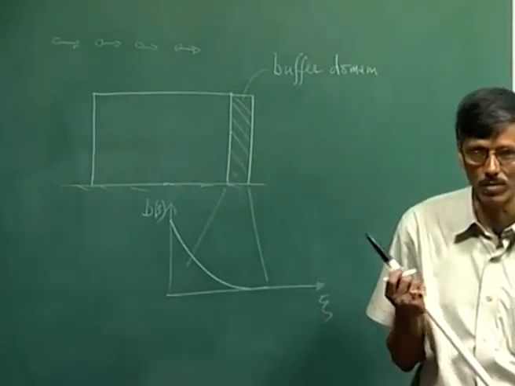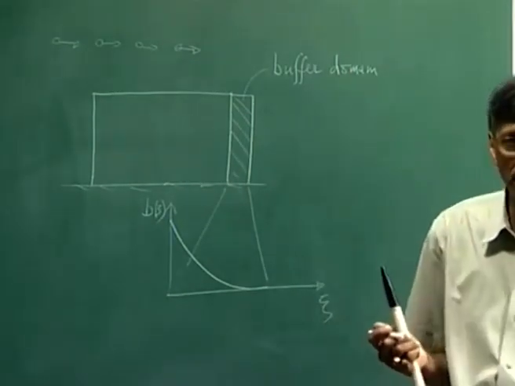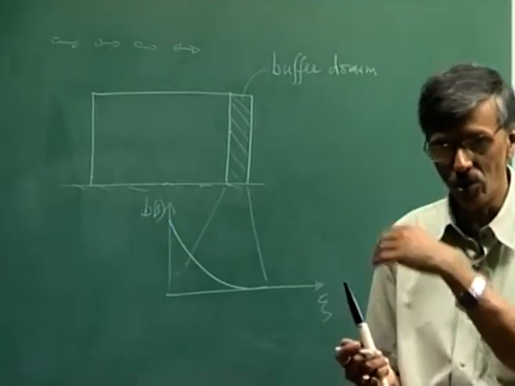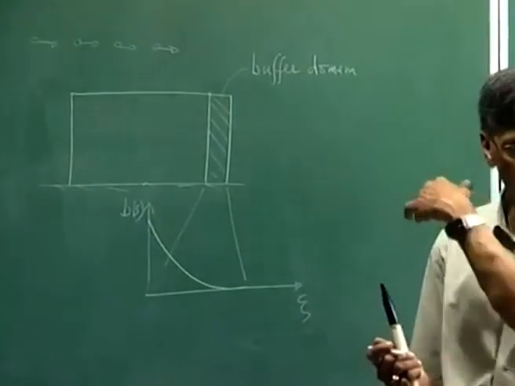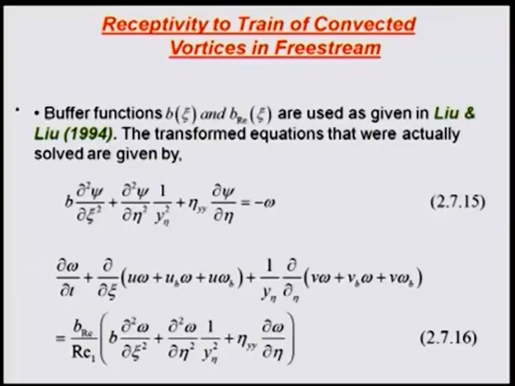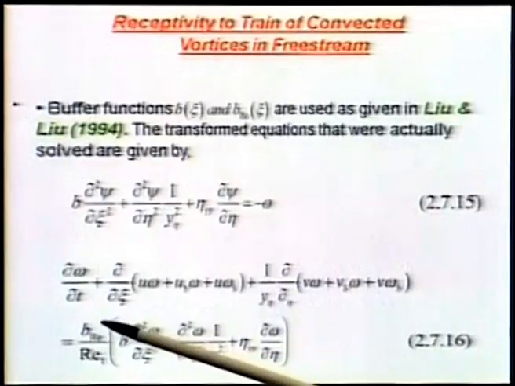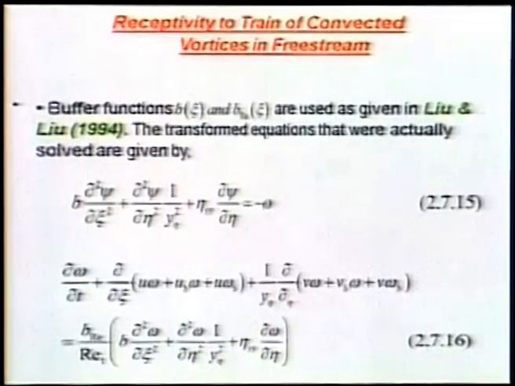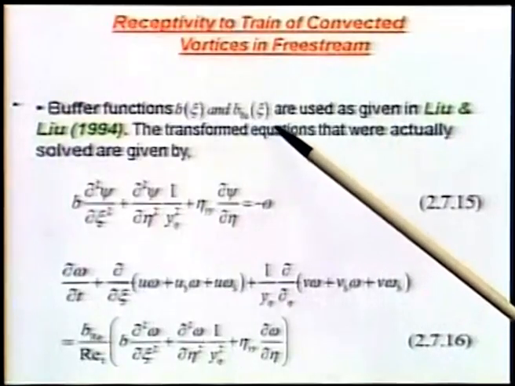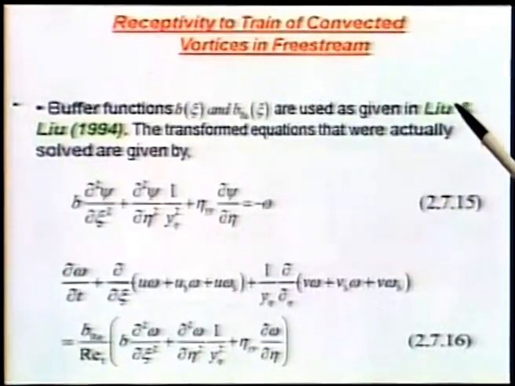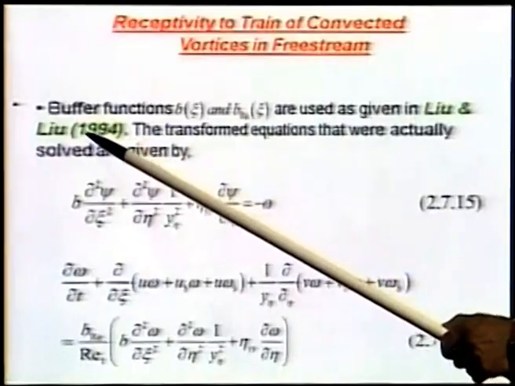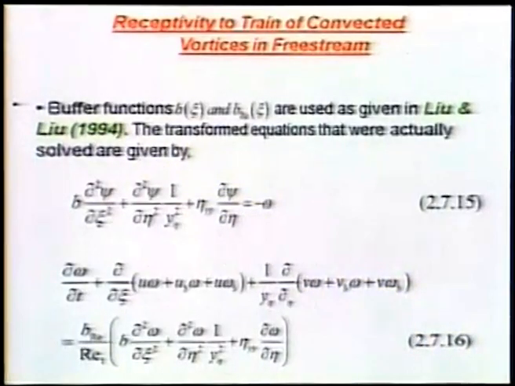So, how do you do that? You should have a function that grows with xi. So, that is the role of this. You can see these two buffer functions b of xi and BRE of xi. These were taken from this paper by Liu and Liu and solved for this.